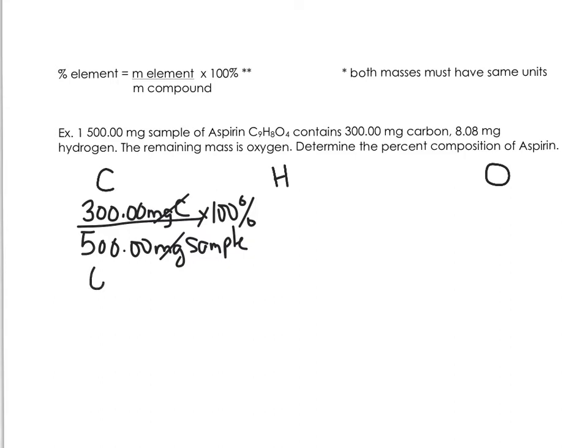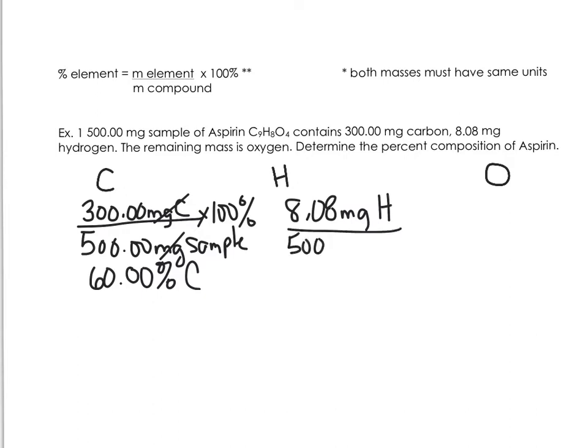So this is 60.00% carbon. Hydrogen, this is 8.08 milligrams of hydrogen divided by 500 milligram sample.